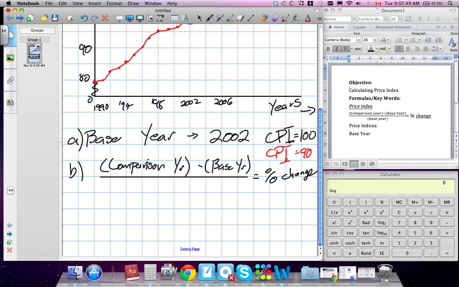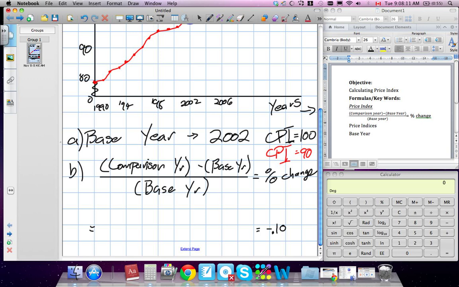Comparison. Okay. So we said that our percentage change, we went down from 100 to 90. So that's a drop of 10%. Okay. We're dropping 10%. If we were to put 10% as a decimal, it would be 0.1.